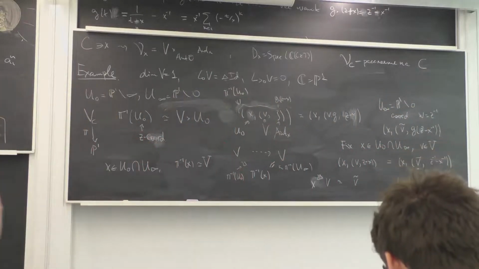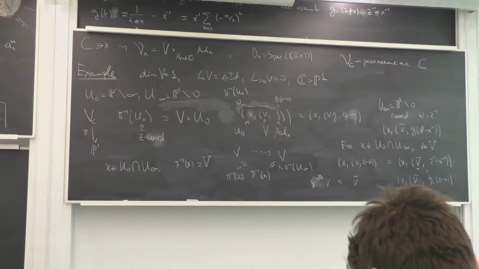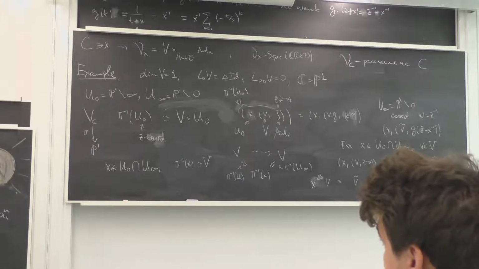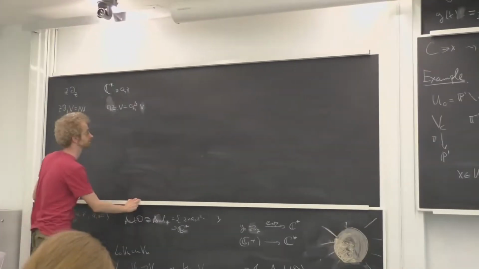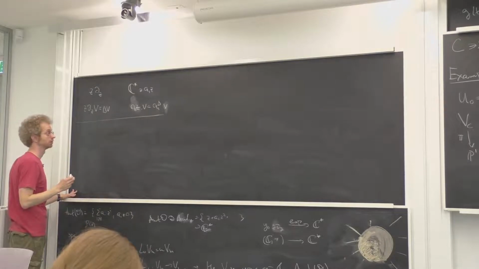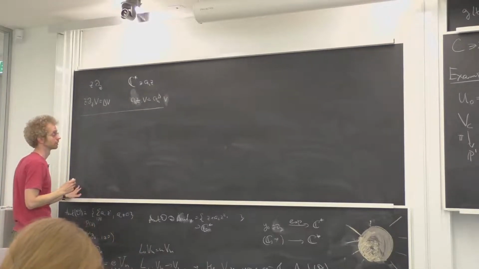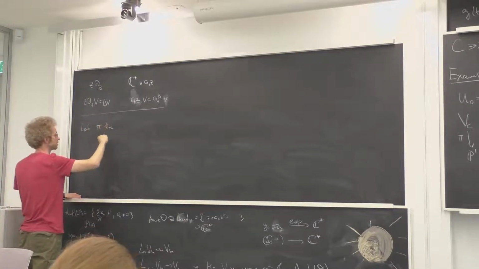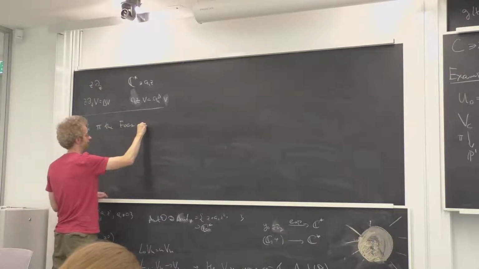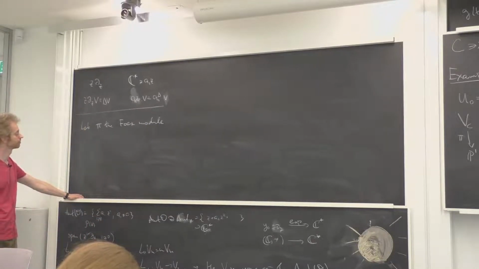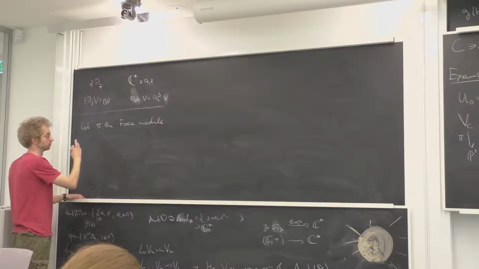So let's do one more example. I don't know if we are able to finalize it in the remaining time, but let's try. So let phi be the Fock module, and then we have the starting levels of pi.